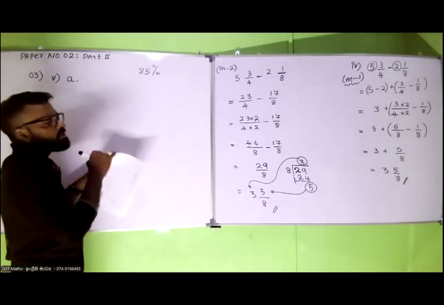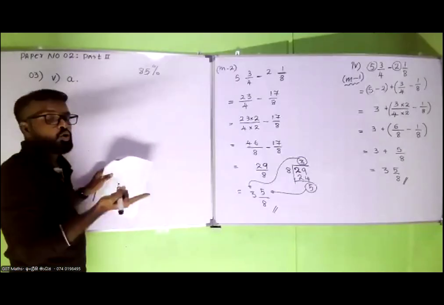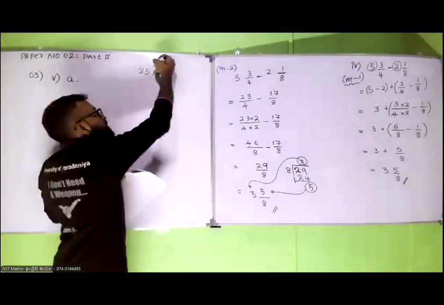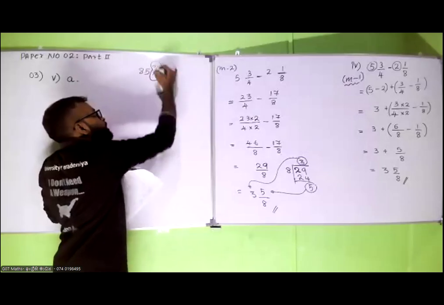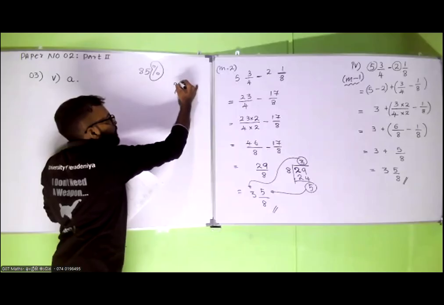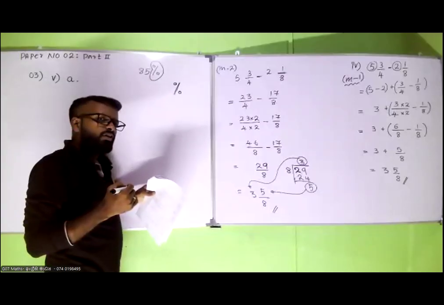How are you going to represent this 85% as a fraction? What is the numerator? What is the denominator? First of all, the thing that you need to understand is what is this mark?